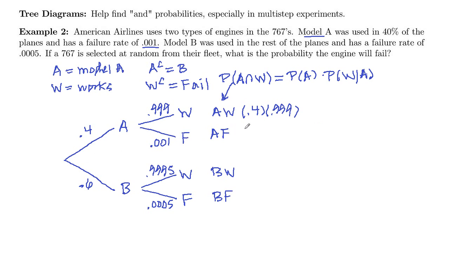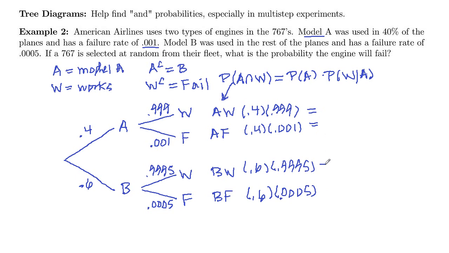0.4, 0.001. 0.6, 0.9995. So this is just the multiplication rule. And then 0.6, 0.0005. And then we can compute all of these on the calculator.